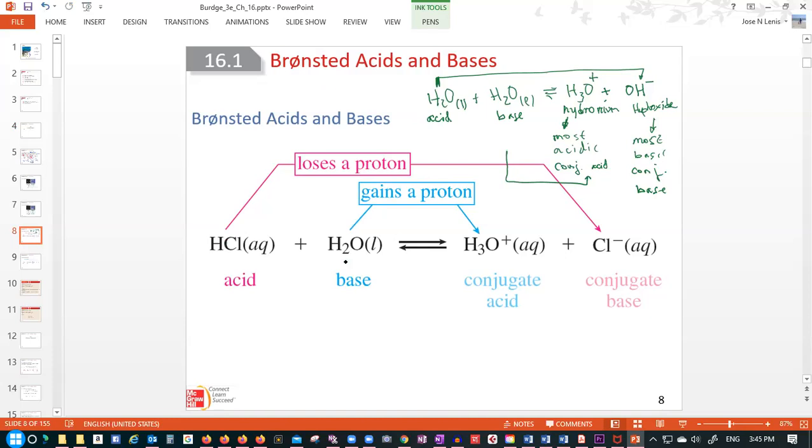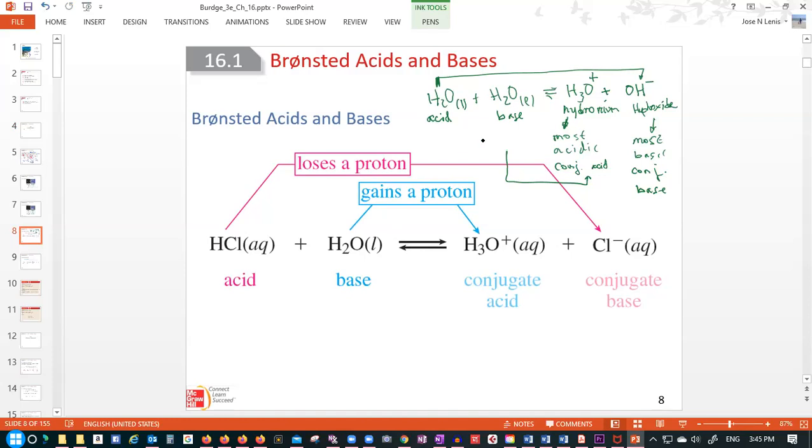Here we can see that property. When we add hydrogen chloride to water to form the acid, hydrochloric acid, the water is behaving as a base.